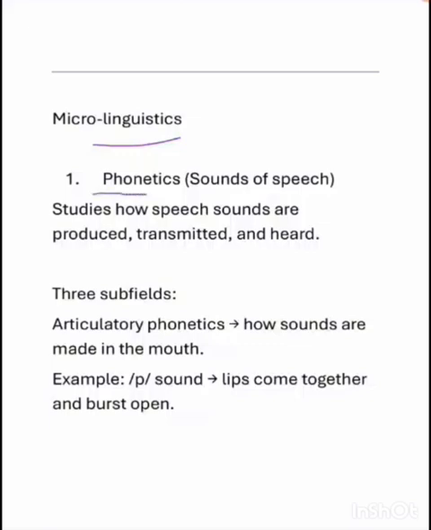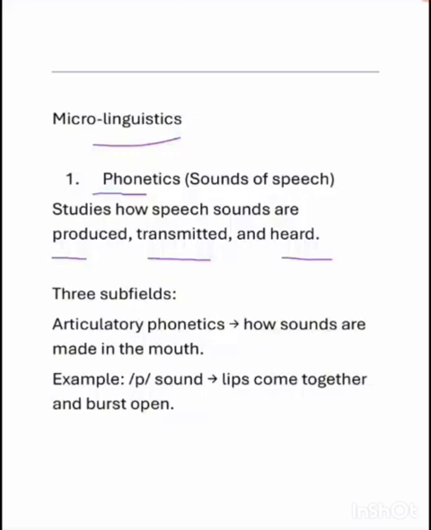Phonetics deals with sounds: how we produce sounds, how sound travels, and how the receiver receives it. So it deals with production, transmission, how the sound waves go, and how the receiver receives it.